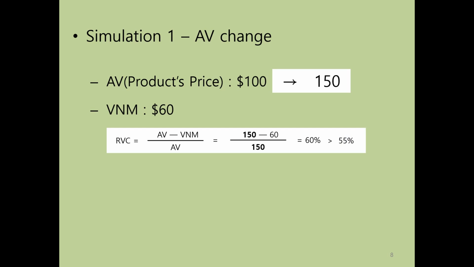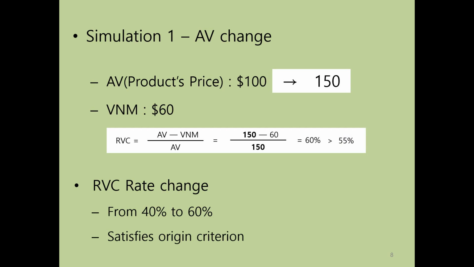And we need to see how RBC rate changes. It changed from 40% to 60%, and it is over 55%. So it satisfies the origin criterion. As you can see, as AV increases, the RBC rate also increases.